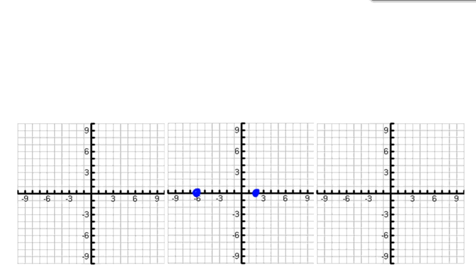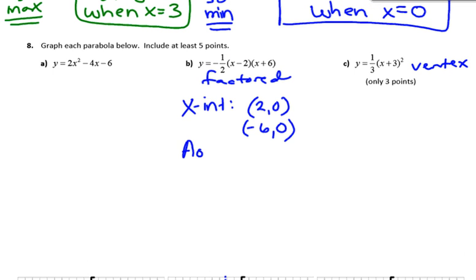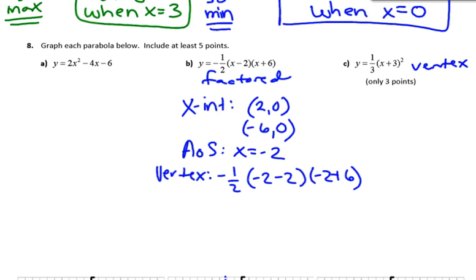Now I see those symmetrical points, so I know my axis of symmetry is in the middle. So you could average those two together or look in the middle and you get x equals negative 2. So I know that my axis of symmetry is at x equals negative 2, and I get the vertex from the axis of symmetry. So to find the vertex, we're going to plug in negative 2 for my x value and evaluate.